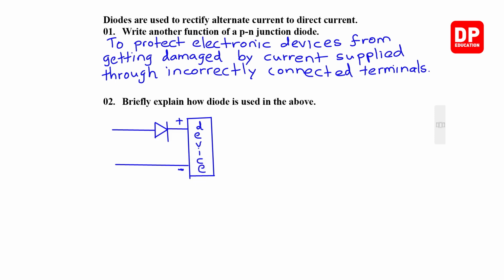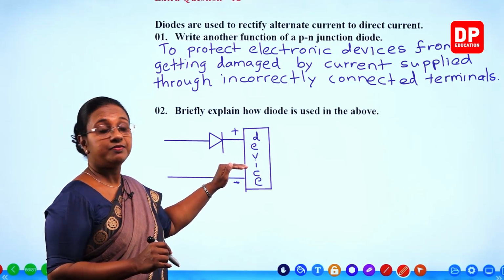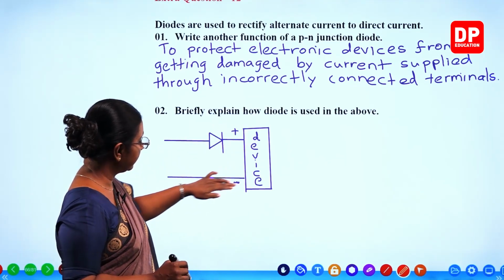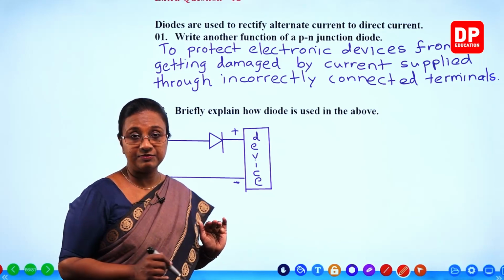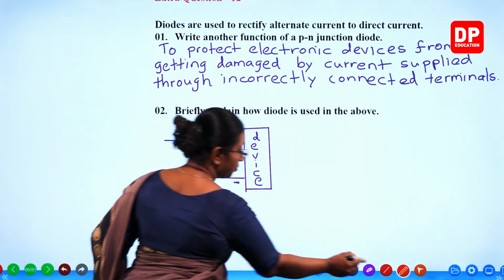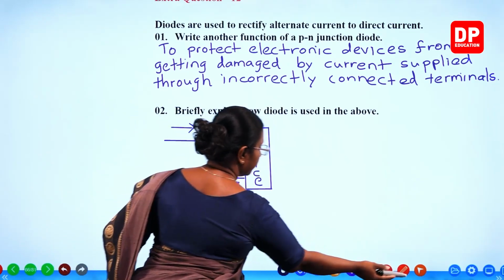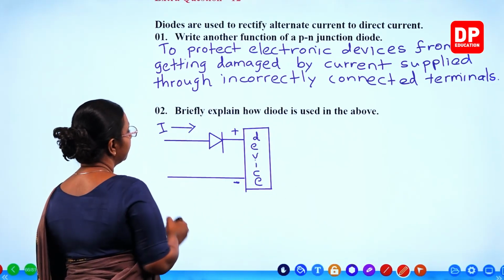So here normally current flows through the positive terminal into the device and it flows out through the negative terminal. Now that we have a diode here, this is going to be the direction of current flow. So that is how current will flow.